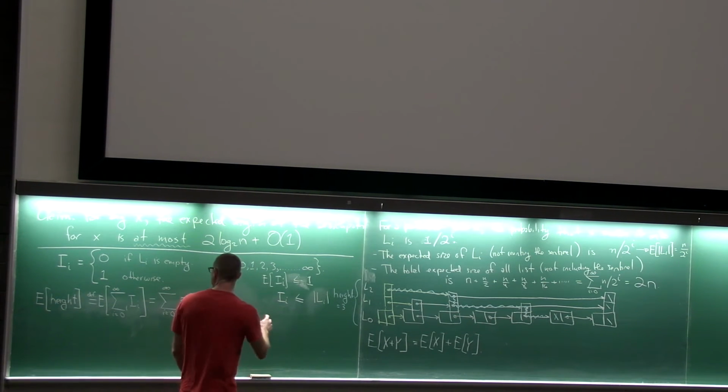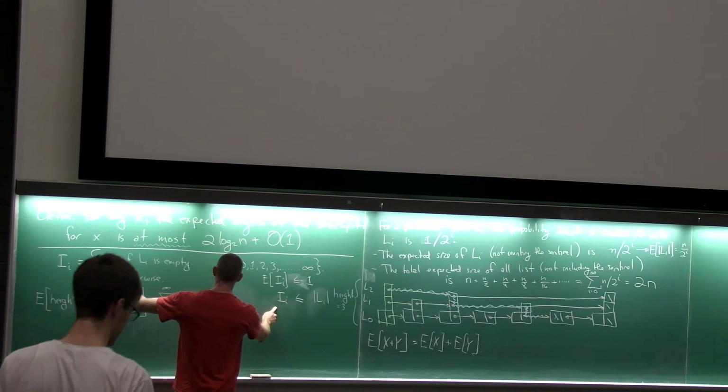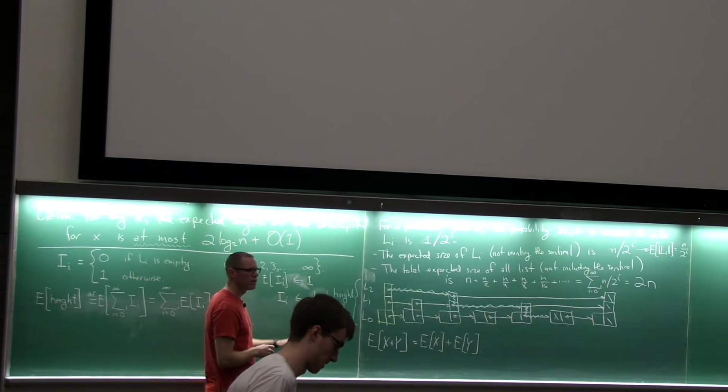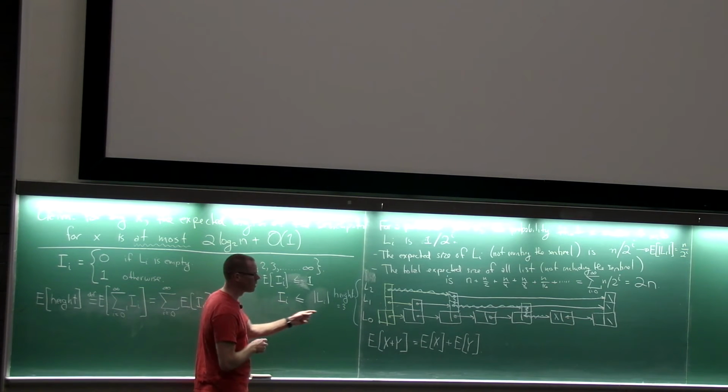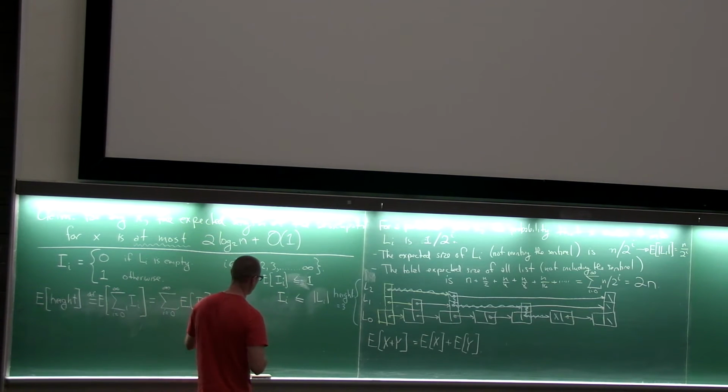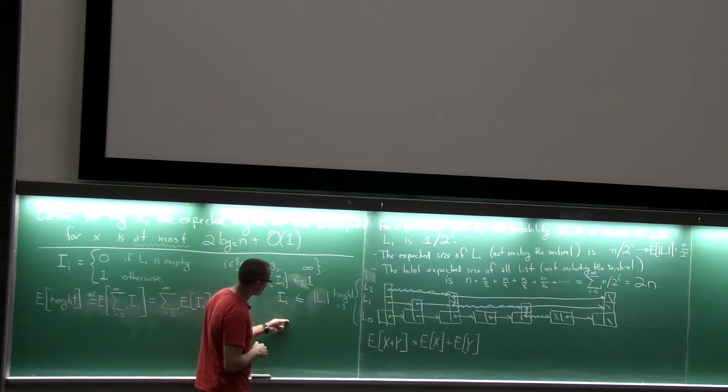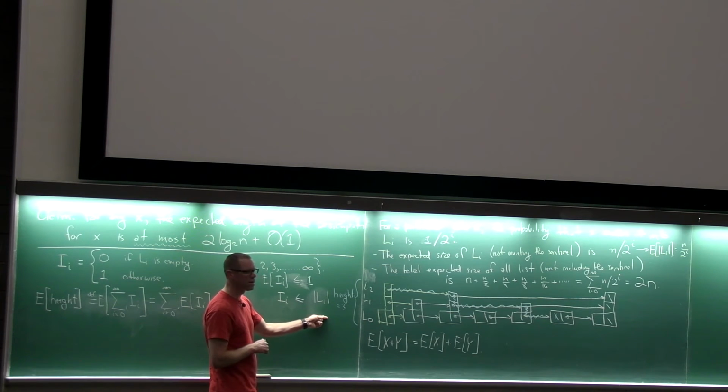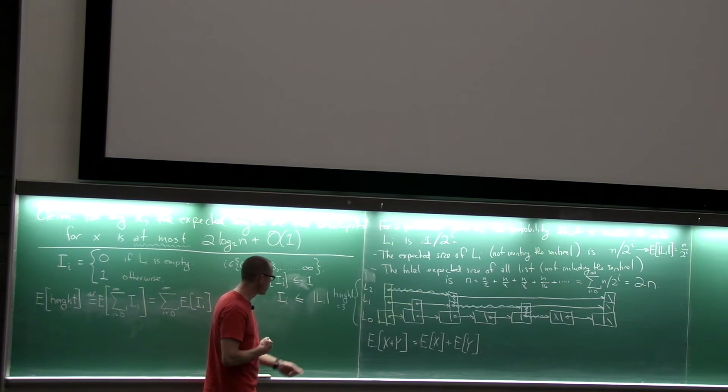If I sub i is 0, that means this list is empty. So this statement is then saying 0 is less than or equal to 0. That's true. On the other hand, if I sub i is 1, then we have a 1 on the left-hand side. And this list is not empty, so its size is bigger than or equal to 1. So both of those things are true. In either case, it's true.